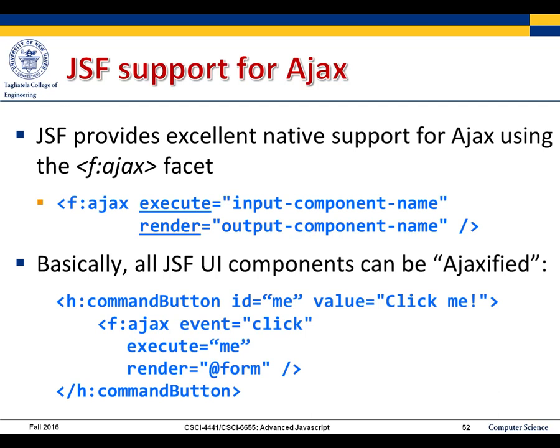The event that it's looking for is a click on me in this case, execute me. The ID is me, and it will render @form. @form is a shorthand for everything on the form that I'm in, okay, at the moment. And then it closes it, okay?